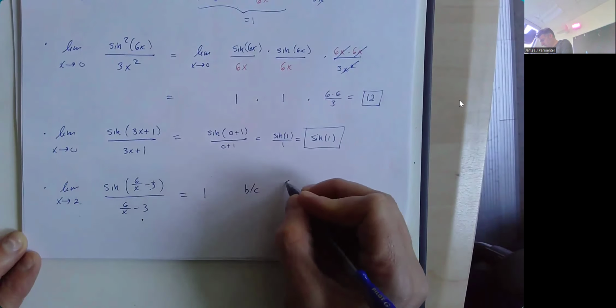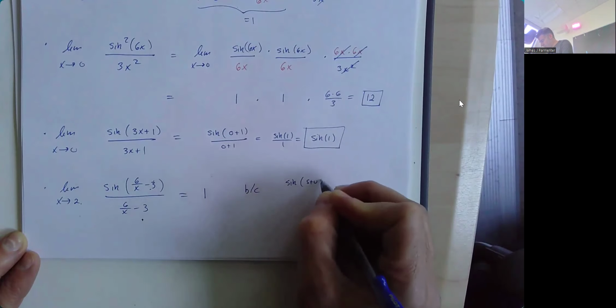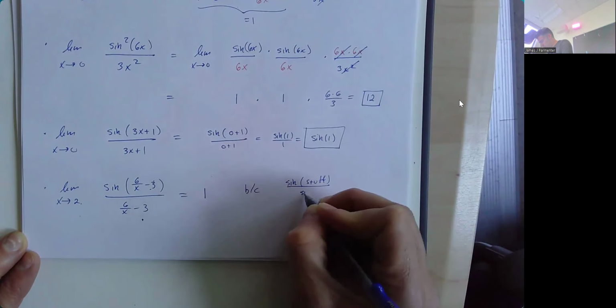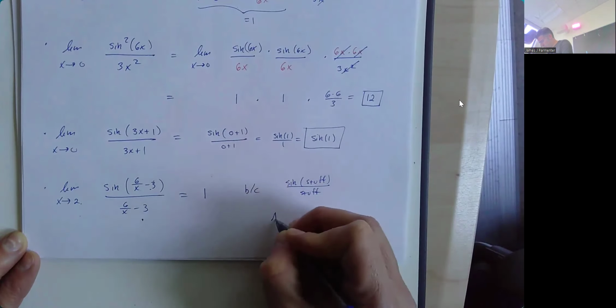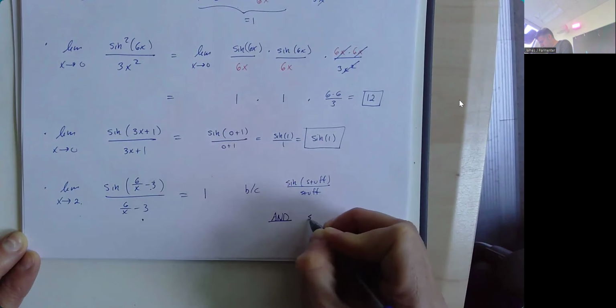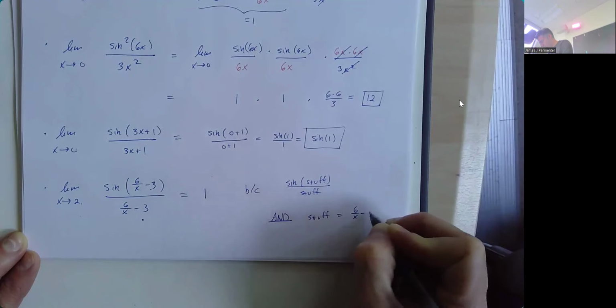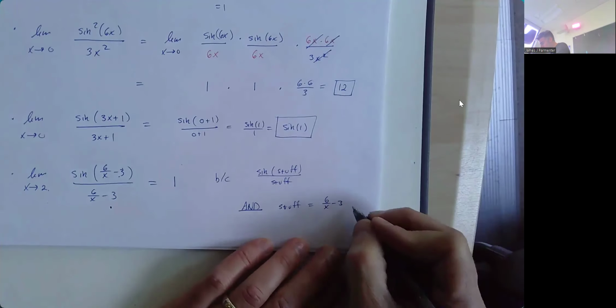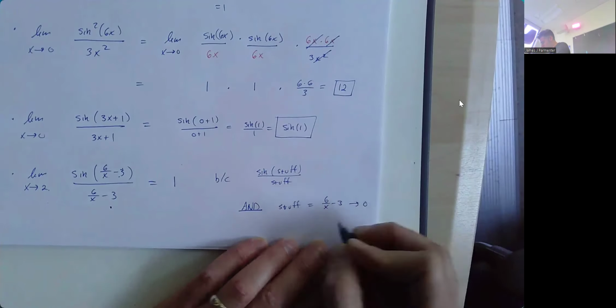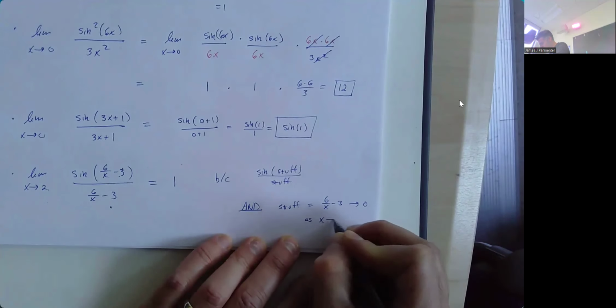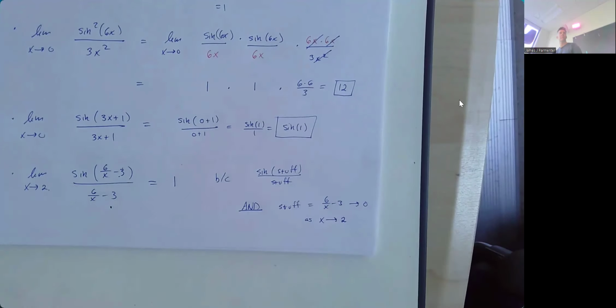Because we have sine of stuff over the same stuff, and the stuff, which happens to equal 6 over x minus 3, is going towards 0 as x is going towards 2. Or if more easily stated, if I plugged in 2 for x, I would have sine of 0 over 0.